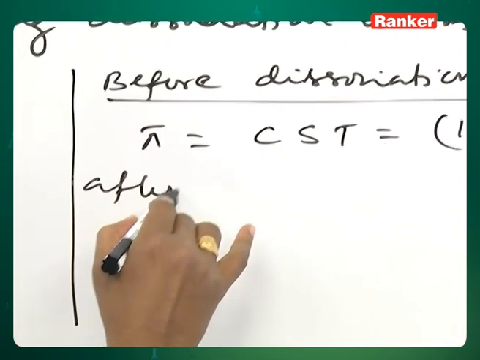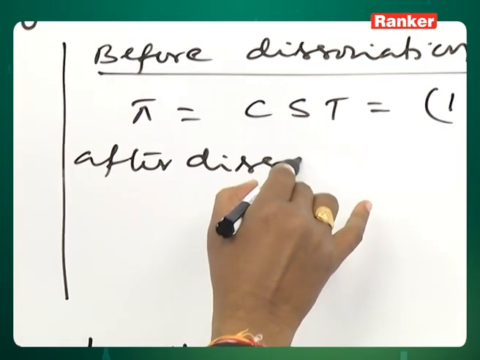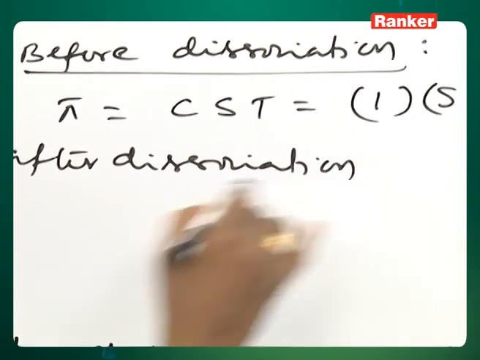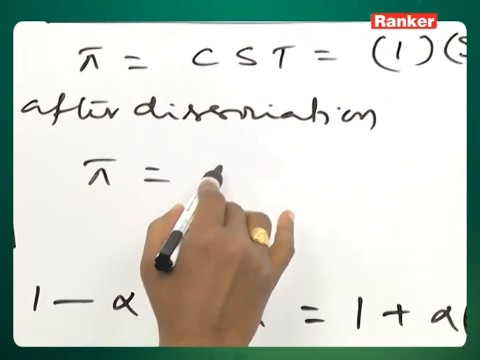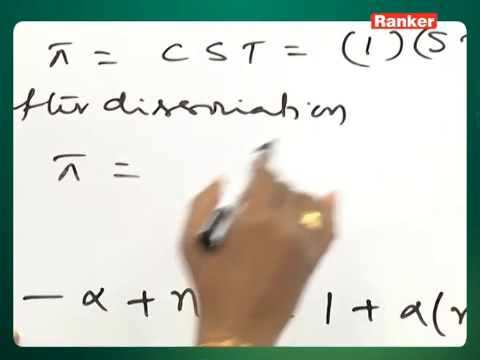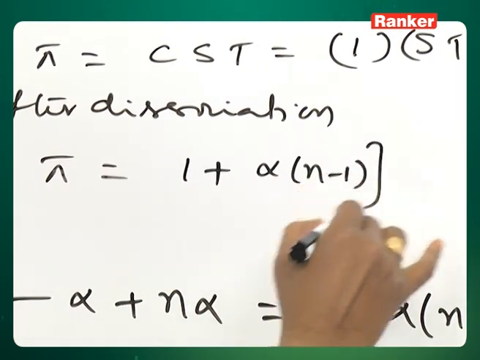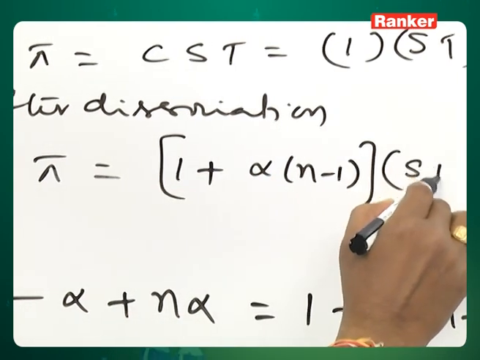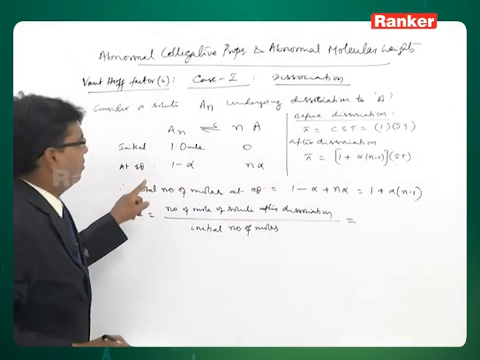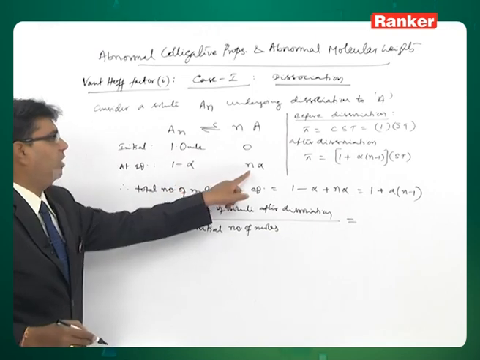After dissociation, pi is equal to 1 plus alpha into (n minus 1) into RT, because after dissociation there is a change in number of moles.